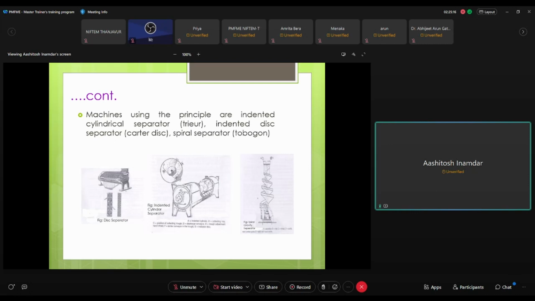They move a different path, and at the end of it, you can see in the picture we get three different outlets, right? So now it is your choice in which way you want to use this grain sample, right? So you get separated mustard, you get separated broken wheat, and you get separated small wheat also, right?